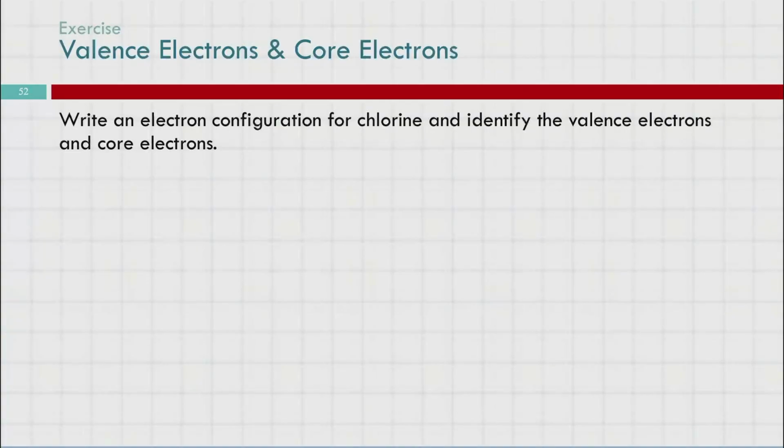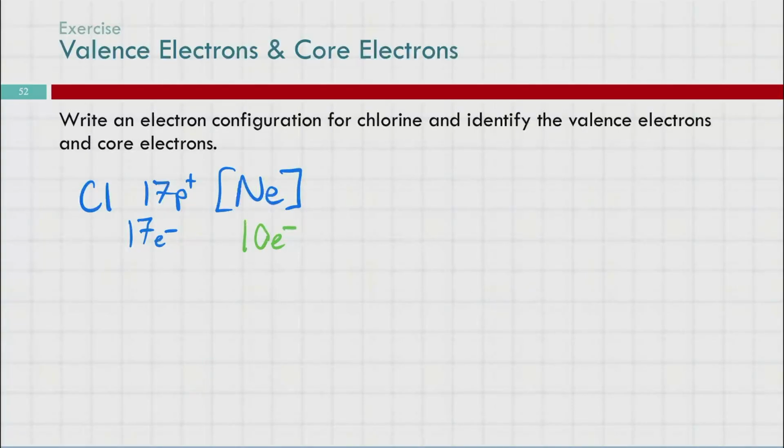We want to write an electron configuration for chlorine. We find chlorine, Cl on the periodic table, it's got a number of 17, so 17 protons, also 17 electrons. Our previous noble gas is neon. Neon has 10 electrons, same as it has for the previous examples. So we've got 7 electrons left to place. Up next, after neon, we're in row 3. Row 3 means our number that we write is 3.